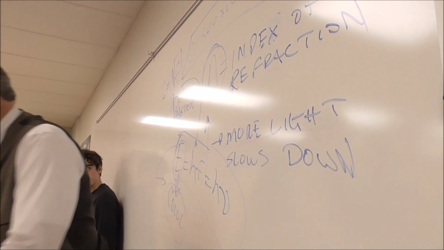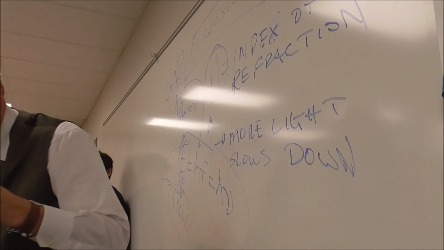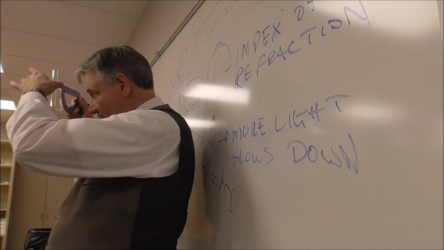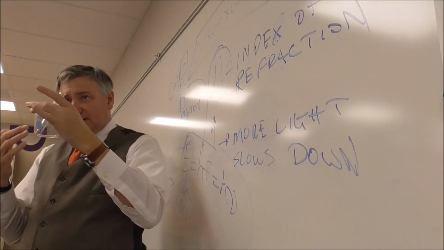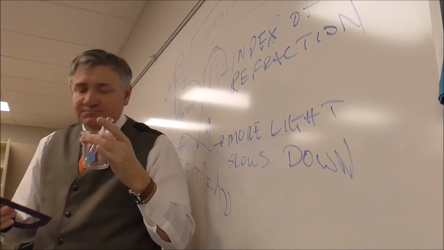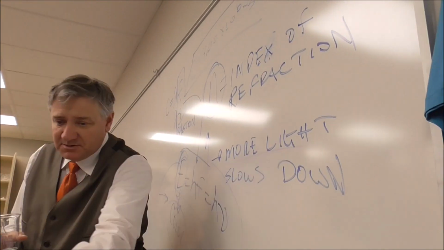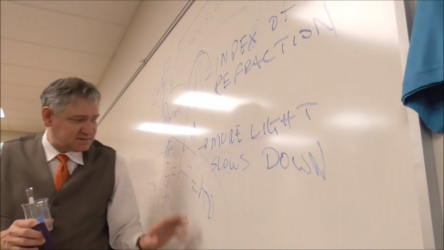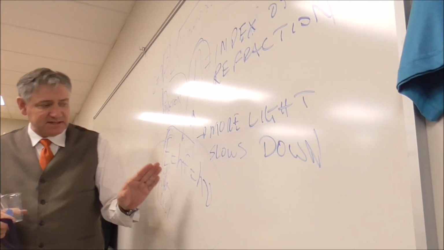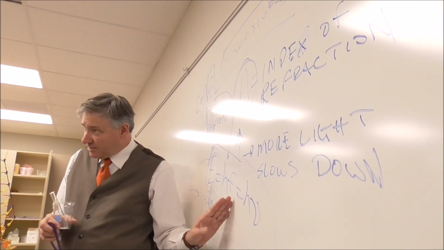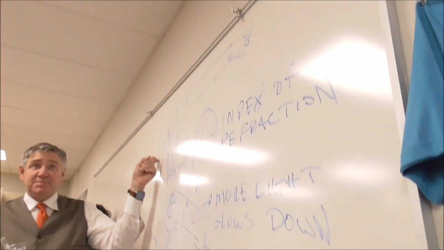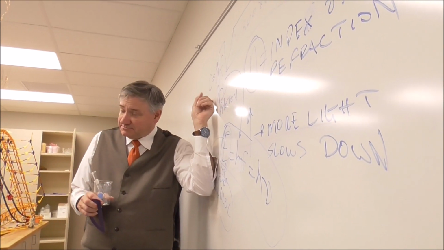As that light travels through this beaker, when it hits that glass, it slows down. It still looks purple, so I'm still getting the same frequency. But the speed of light is less.